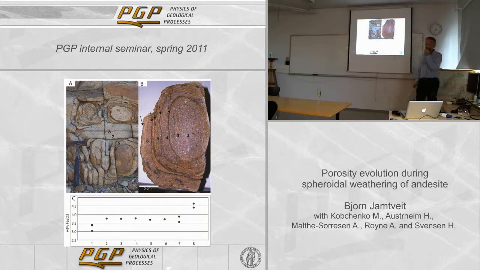And the reason why this was kind of interesting was that we thought, okay, spheroidal weathering and this fracturing is something that happens because weathering of the outer margins of the boulders or blocks causes expansion. This generates stresses like Håkon was talking about today, and these stresses will eventually cause spalling layer by layer. So you're seeing a fresh rock in the middle, and then you spall off layer by layer as the reaction propagates inwards.